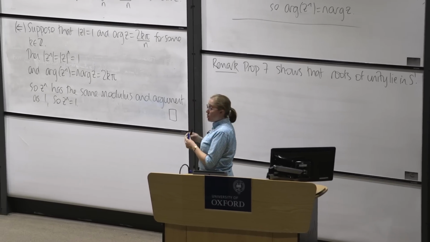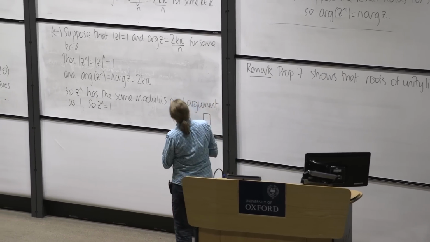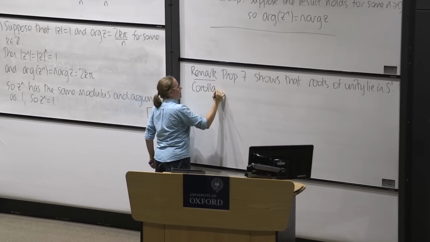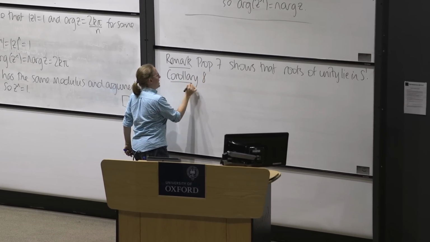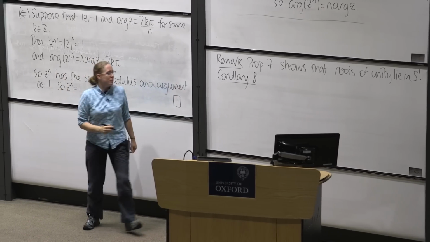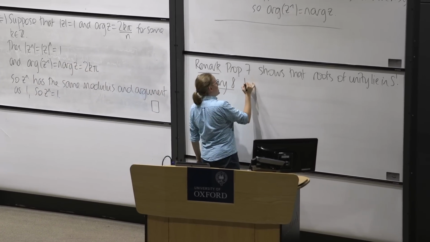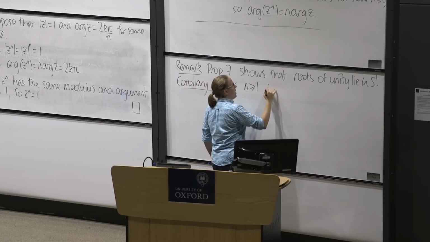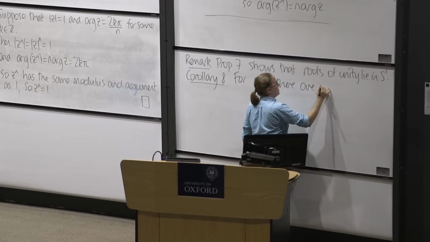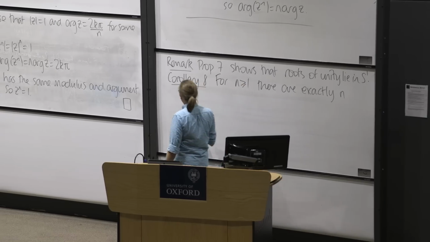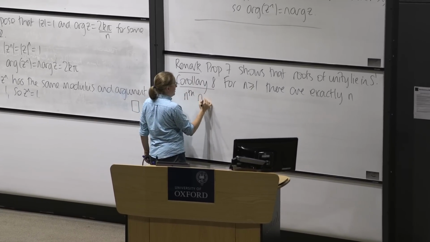So, a cute consequence of proposition 7 is that we can count nth roots of unity. So I think maybe I said on Monday, a corollary is a quick consequence of something you've already proved. So corollary 8 says for n greater than or equal to 1, there are exactly n nth roots of unity.